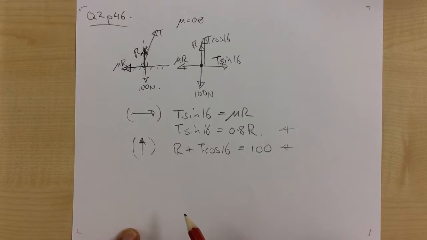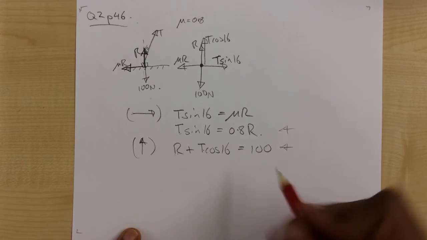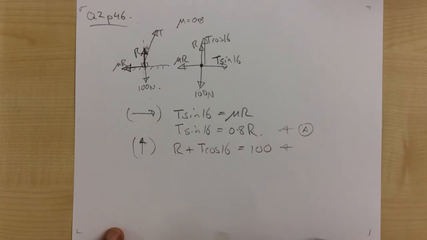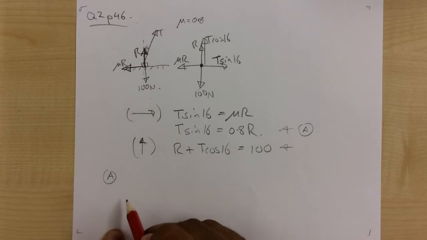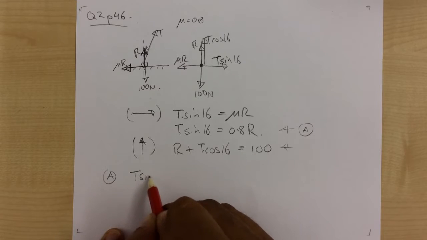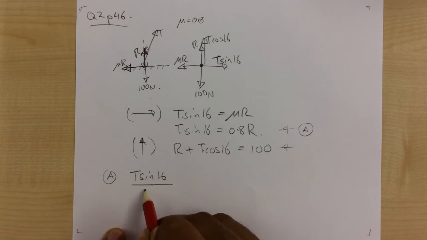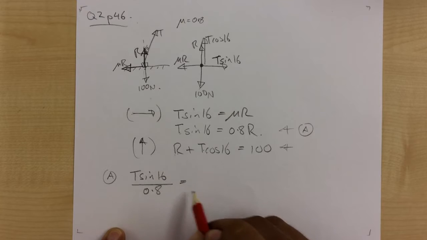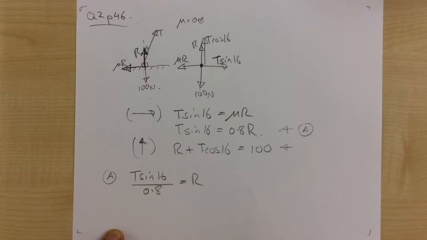We can solve them with simultaneous equations. Now, we've only been asked to work out T, so I'm going to substitute R. So if I label that equation A, from equation A, I can say that T sine 16 divided by 0.8 is equal to R.